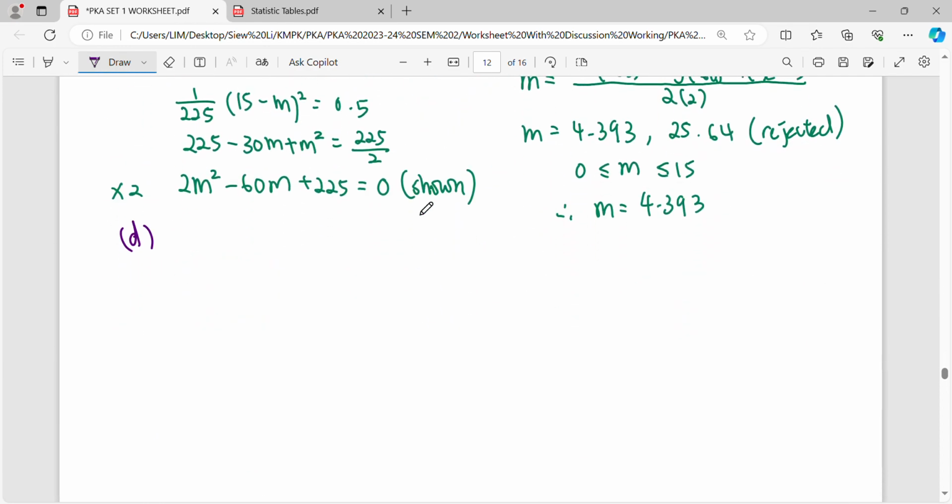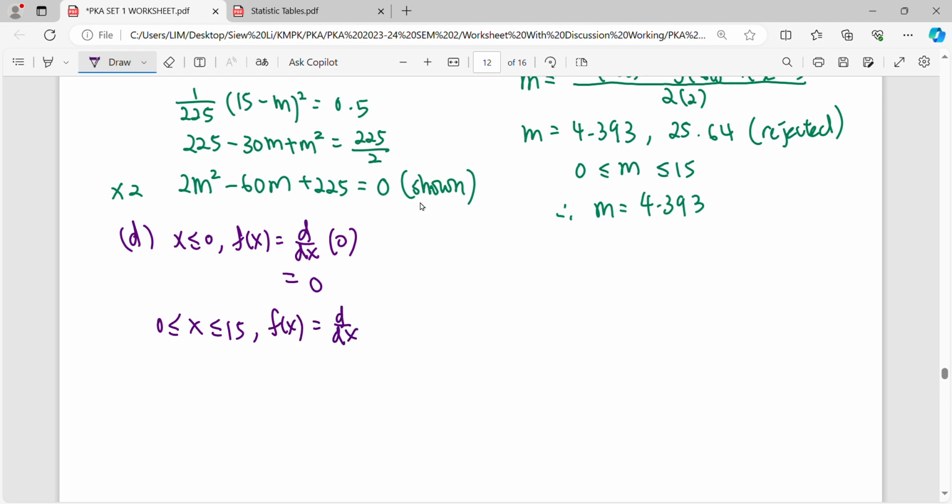For the interval x less than 0, differentiate with respect to x, for 0. For the first interval, you get 0. For the interval in between 0 and 15, your probability density function, you're going to differentiate 1 minus 1 over 225 times (15 minus x) squared.